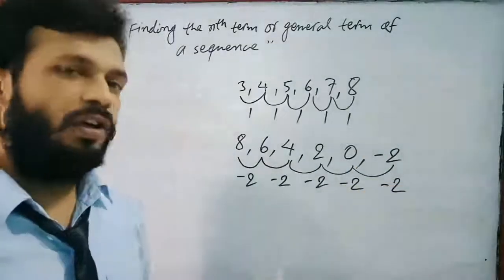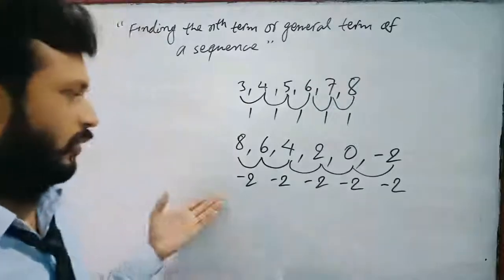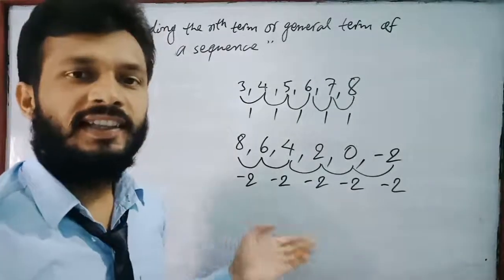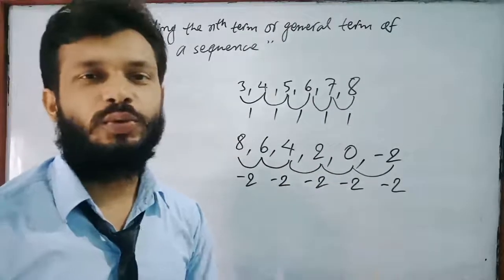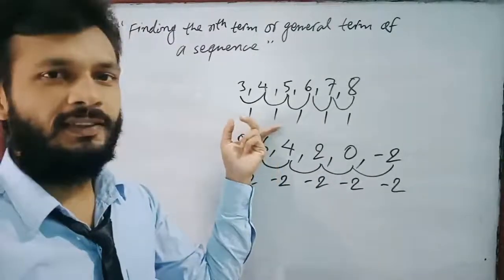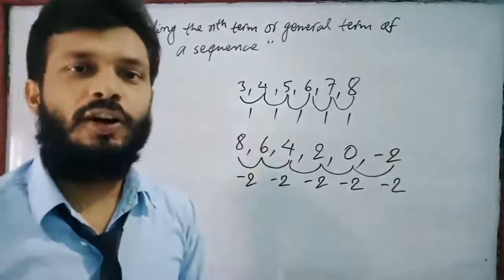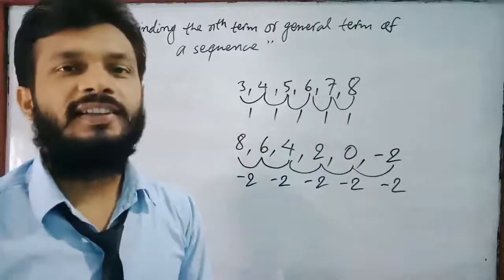It is also a linear sequence. Why? Because in this sequence, each term decreases by 2. In the previous sequence, each term increases by 1. Understood?